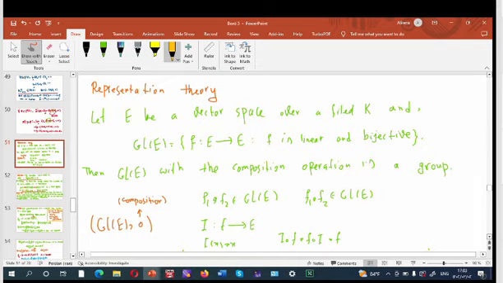With the composition operator, it is a group. Please note that we consider this function bijective because we consider the composition of these functions, and this composition is again a bijective function, okay?